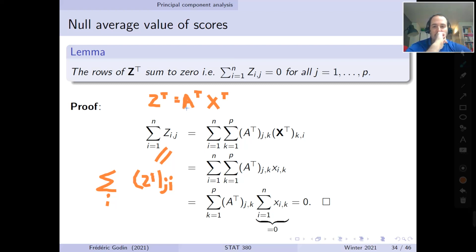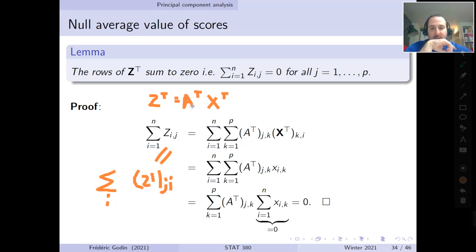To sum across all columns, you can simply apply the regular matrix product. So here, the first column is all the elements in the row J times all the elements of the first column here.